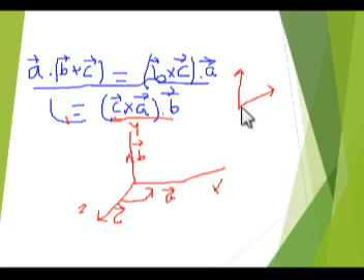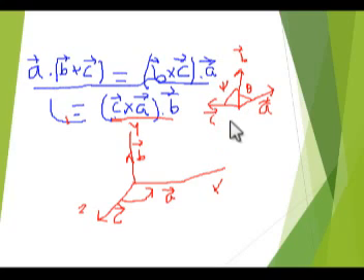If there is another angle, this way, if this A vector has theta angle, B vector, and this I am taking psi, this is C vector.